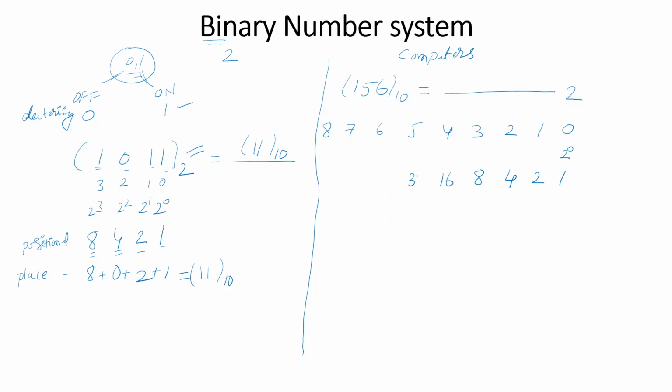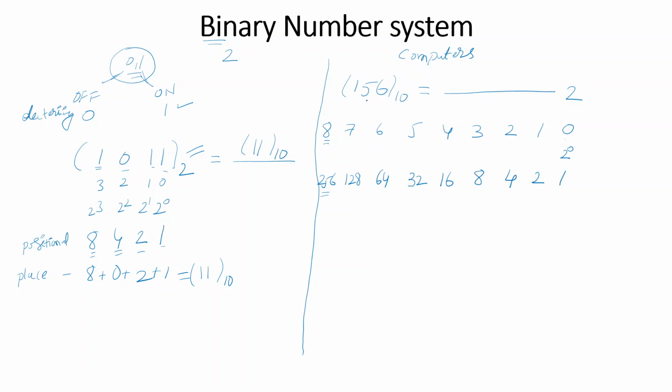32, 64, 128 and 256. I know that up to the 8th position, that means the 9th place, it is 256. Now I can stop here.